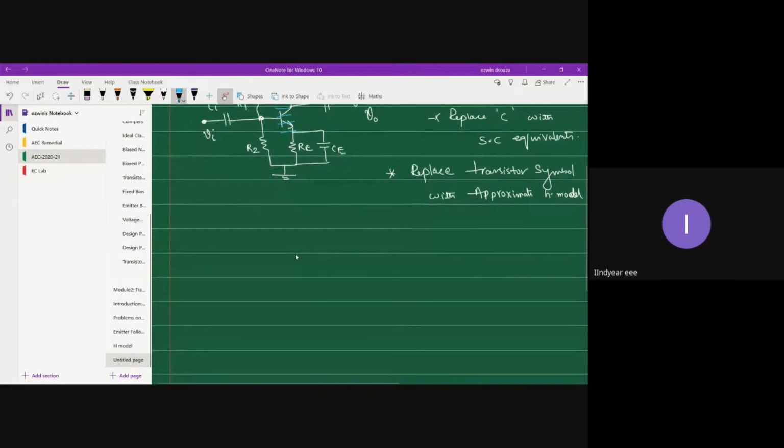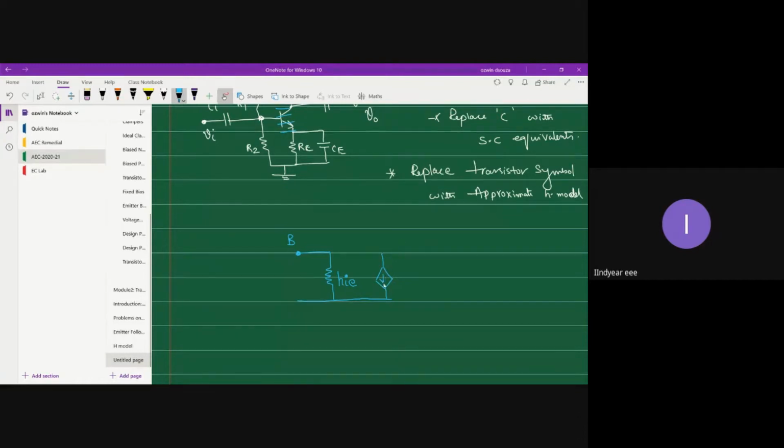Okay, so over here, first let me draw the H model of the transistor, the base. Okay, so in H model, on the input side, we have HI. Since it is in common emitter configuration, it becomes HIE. All right. Similarly, on the output side, you have a control source, right?